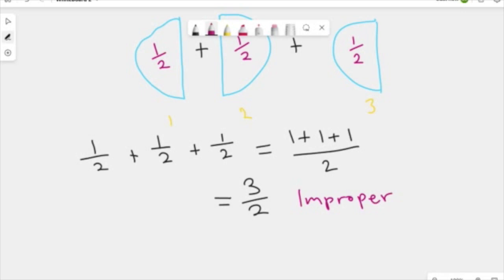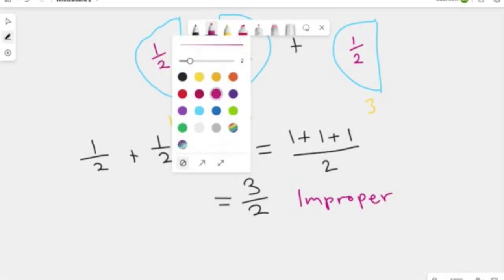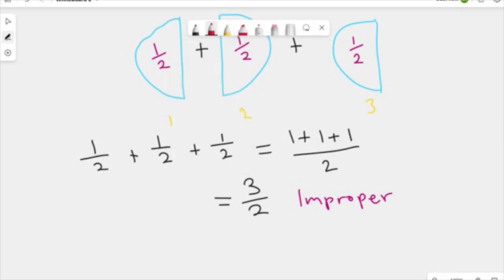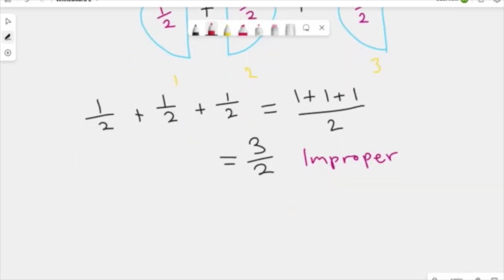And from what we can see visually, we have one whole pizza and one half pizza. So I'm going to first write this in words. So we have one whole plus one half. That's what our 3 over 2 tells us.